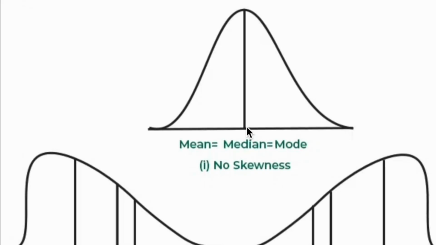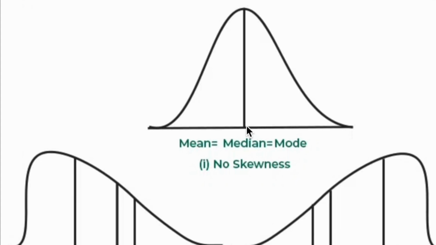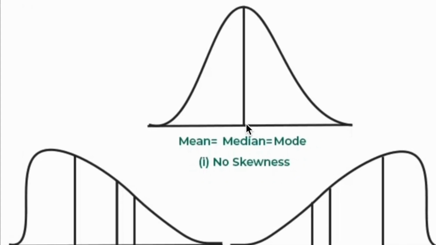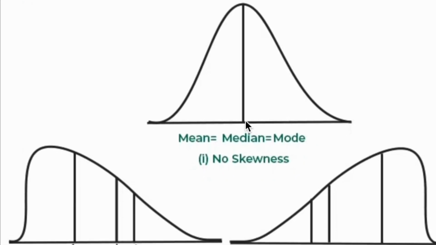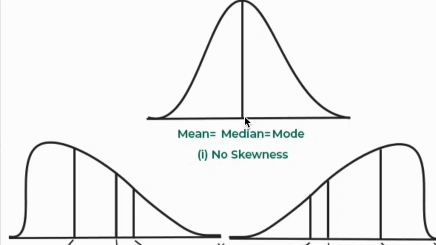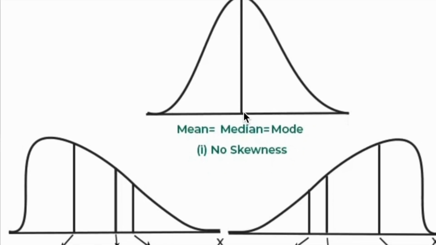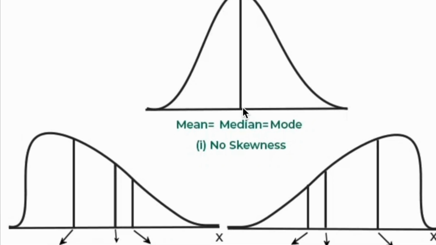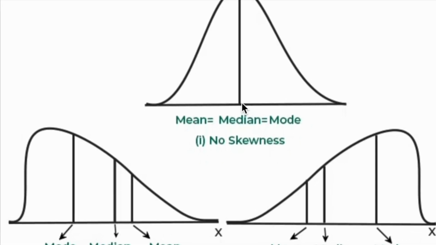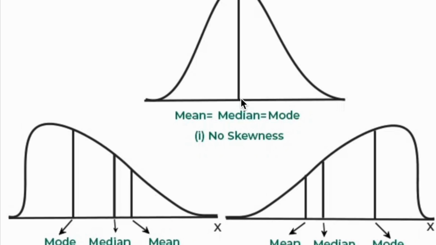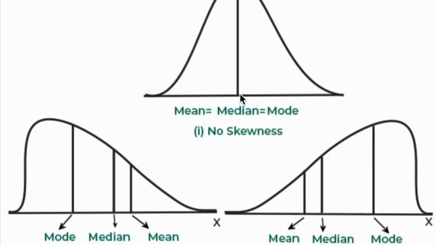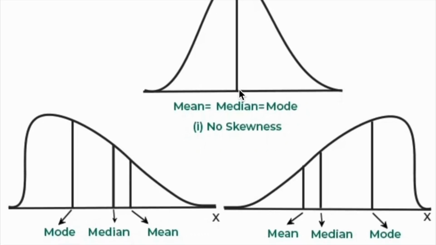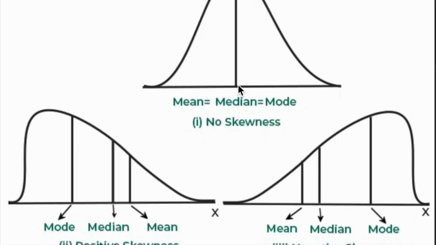In a Gaussian or normal distribution, because it's symmetric, the mean, median, and mode are exactly the same point where there's no skewness. When it comes to right tail, median is to the right of mode and to the left of mean. And when it's a left tail, that is a negative skew, so positive skewness is right tail and negative skewness is left tail.